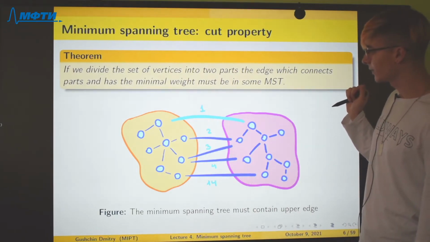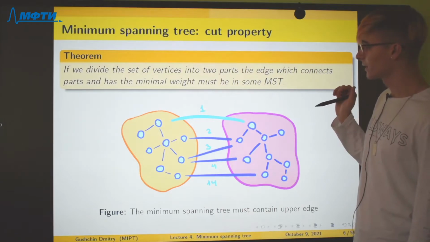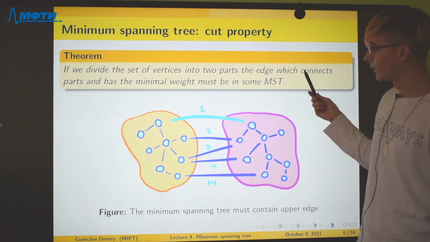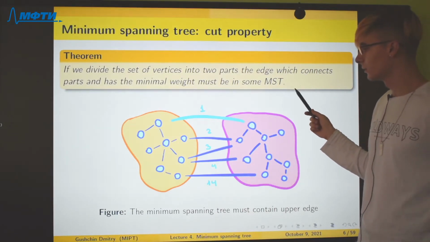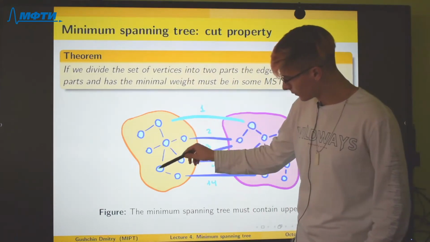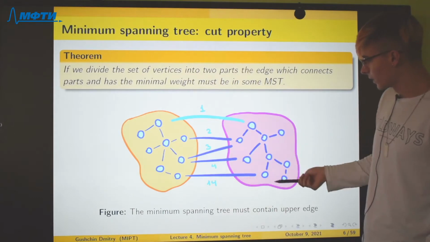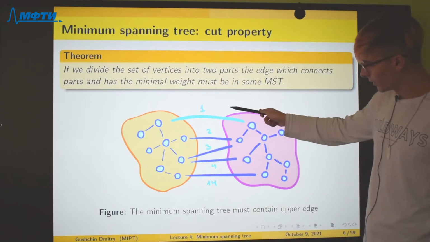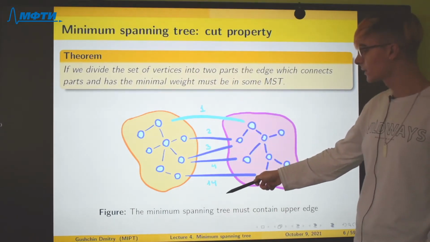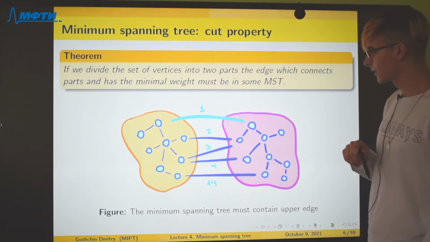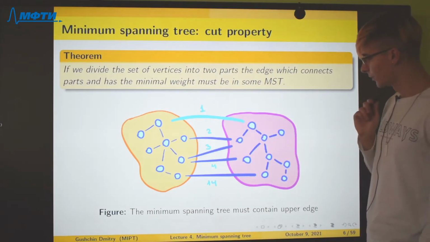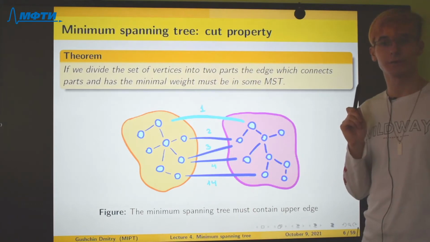And today we need to work with minimal spanning trees, and we can prove this theorem: we have some cut, and we have different edges that connect these two parts of the set of vertices.